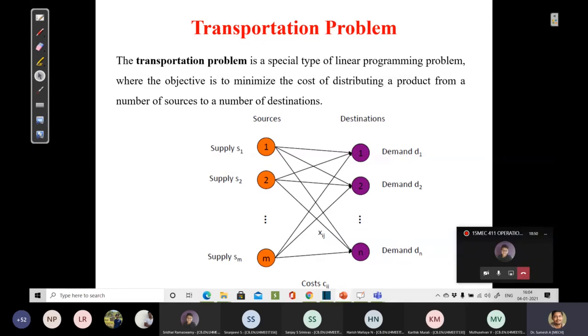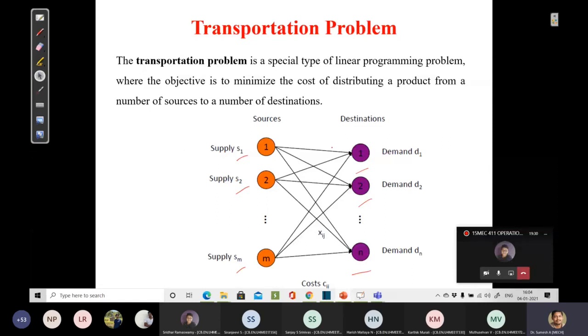As shown over here, there will be multiple supplies like S1, S2 up to SM, and destinations like 1, 2 up to N. Every supply node can be connected to the destination nodes, and the cost varies with respect to their distance. As the distance changes, the cost of transporting a product from a manufacturing plant to a warehouse, or from a warehouse to a delivery node, varies.